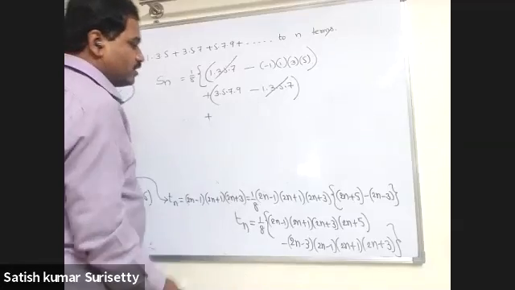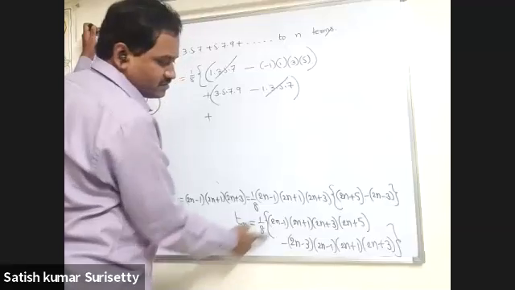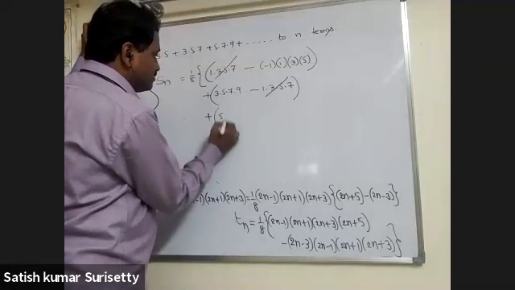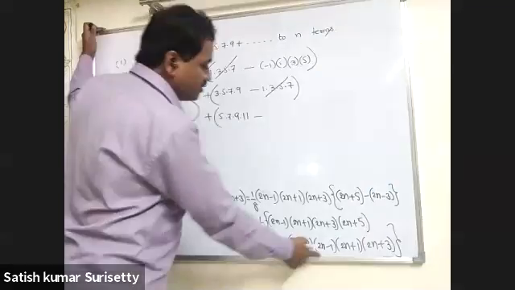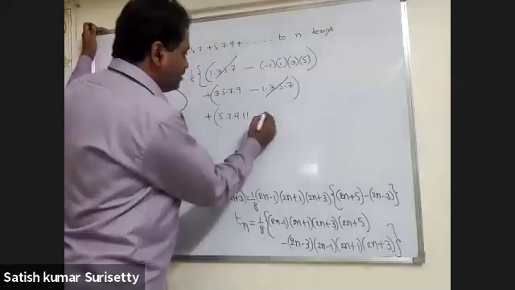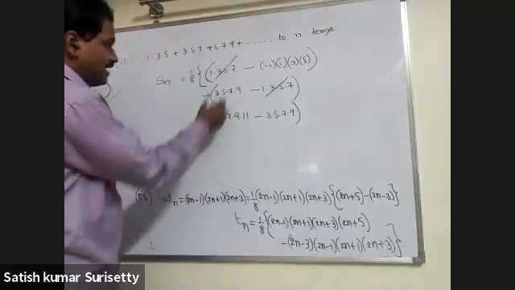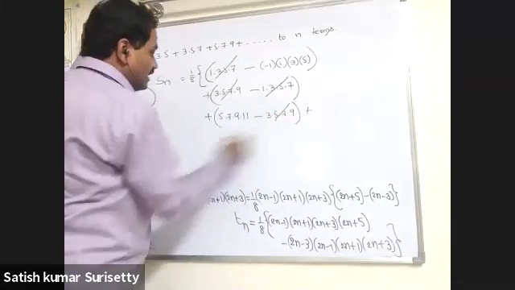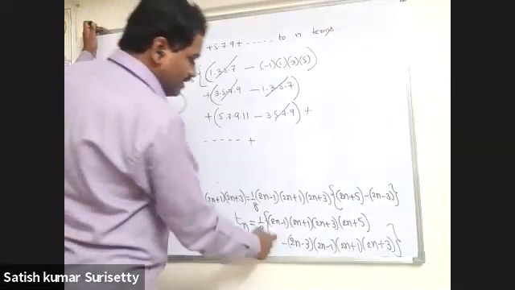Next let us write one more term, n equal to 3. When I write n equal to 3, this will be 5, 7, 9, 11 minus, n equal to 3, 3, 5, 7, 9. Now if I observe again, these two are getting cancelled, and so on. Now the last term, that is the nth term, will be this.